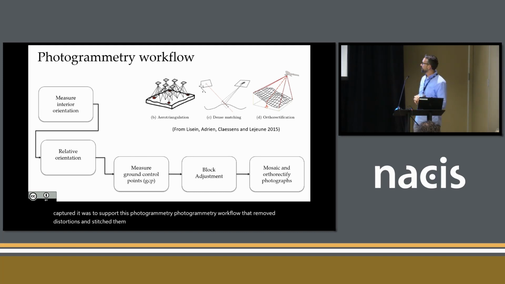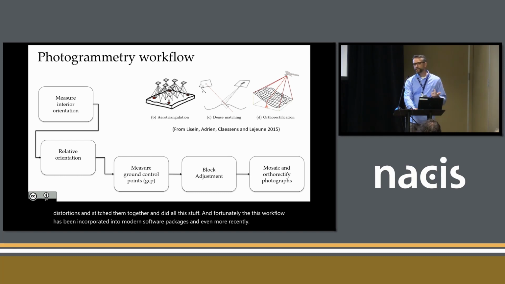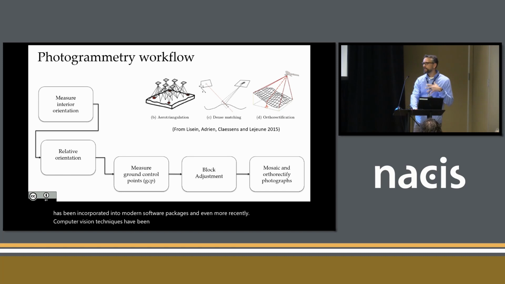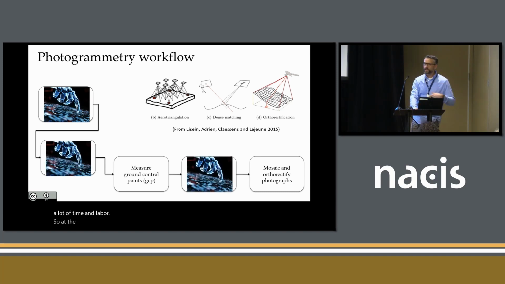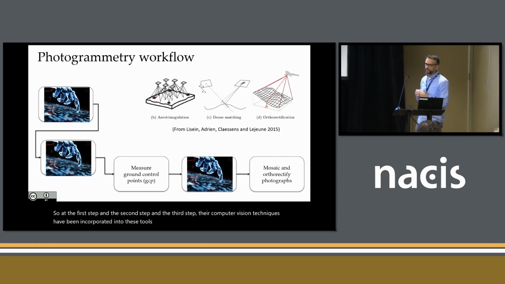And fortunately, this workflow has been incorporated into modern software packages, and even more recently, computer vision techniques have been incorporated into those software workflows that save a lot of time and labor. So at the first step and the second step and the third step, computer vision techniques have been incorporated into these tools as labor-saving devices, and they work pretty well.